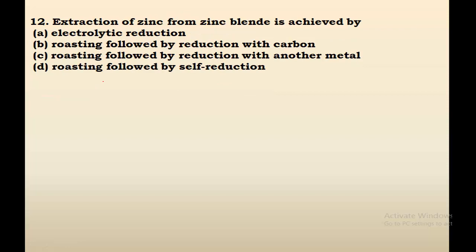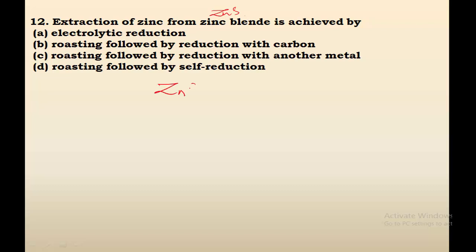Then the 12th, extraction of zinc from zinc blende is achieved by... So how is zinc obtained from zinc blende? Zinc blende is ZnS. The options are electrolytic reduction, roasting followed by reduction with carbon, roasting followed by reduction with another metal, and roasting followed by self reduction.